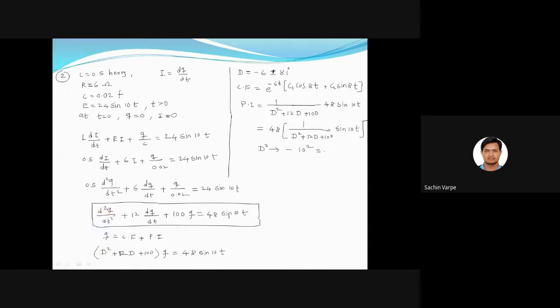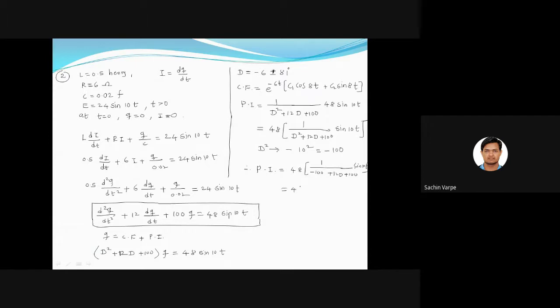That is minus 100. So PI equals 48 into 1 upon (minus 100 plus 12D plus 100) operated on sine of 10t. So minus 100 plus 100 will get cancelled.